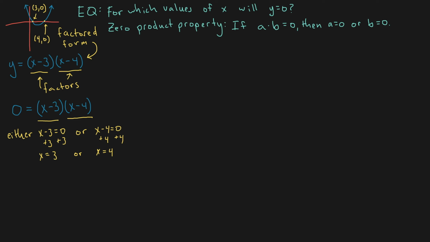Now I want to rewind just a little bit and show the relationship between this factored form and our standard form that we saw earlier. Now if I rewrite this equation as y is equal to x subtract 3 times x subtract 4, I can manipulate this to put it into standard form, and the way that I do that is just by distributing the parentheses over one another.